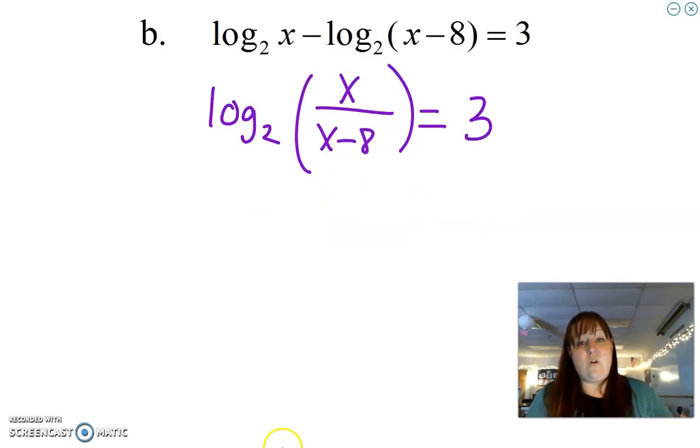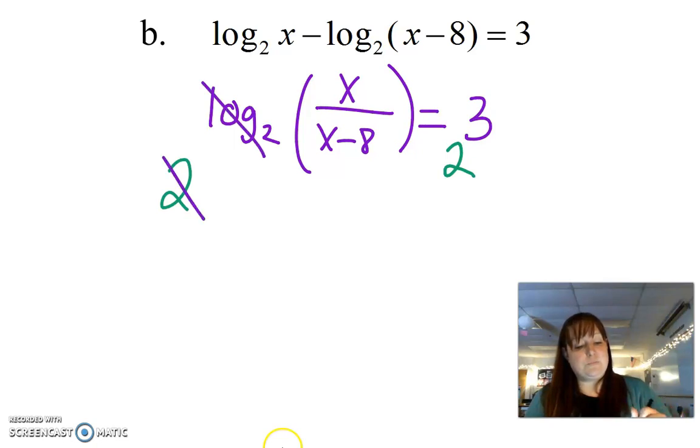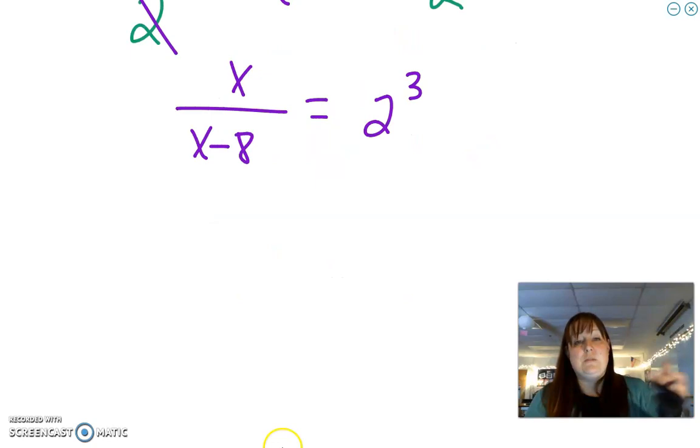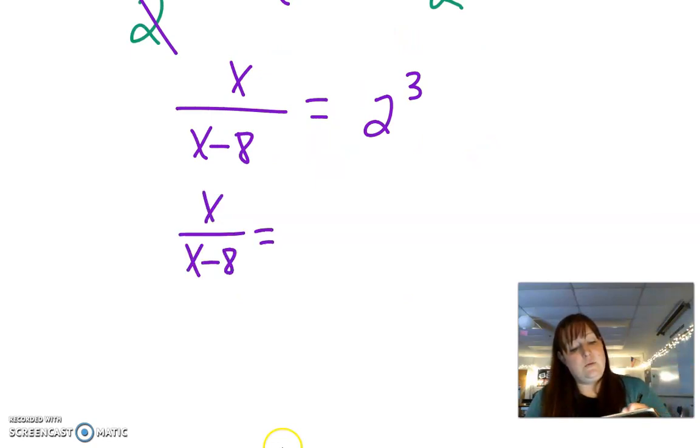Okay, and now to undo log base 2, I can raise both sides. I can say 2 to this power, right? And then that undoes both of those, and what I'm left with is x over x minus 8, and then I have 2 to the third. Okay, so I'm close to done, but x is still not quite by itself, so I have x over x minus 8 equals 8.